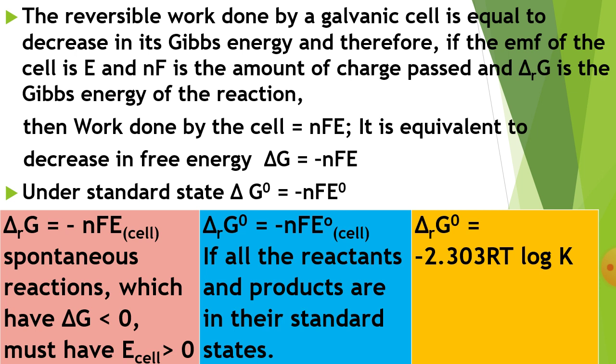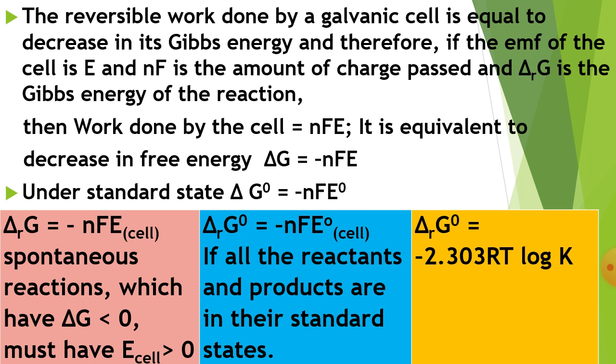Under standard condition, delta G naught equal to minus nF E naught cell. Now we have to focus on the formulas of delta G or delta G naught given below. Delta r G equal to minus nF E cell. For a spontaneous process, delta G is negative, or delta G less than 0, and in that condition E cell must be more than 0.